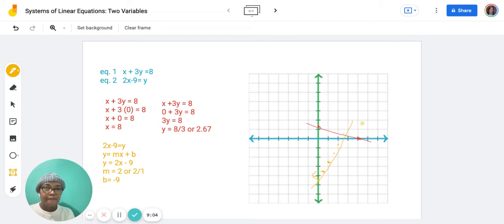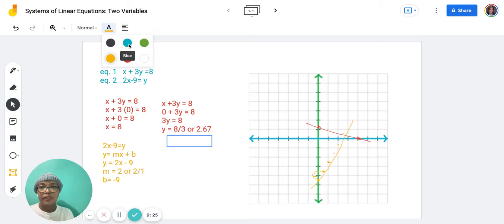So by looking at that, you will notice that there is an intersection or meeting of two lines. So in order to answer our problem, letter A, identify the graph. We have a graph already.